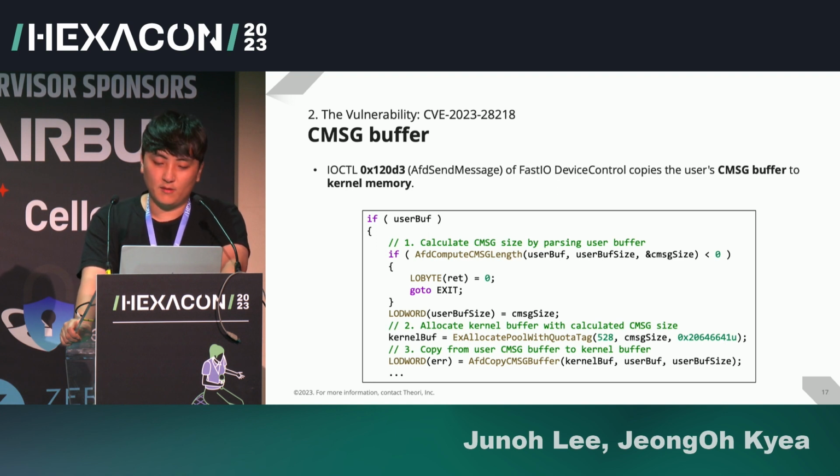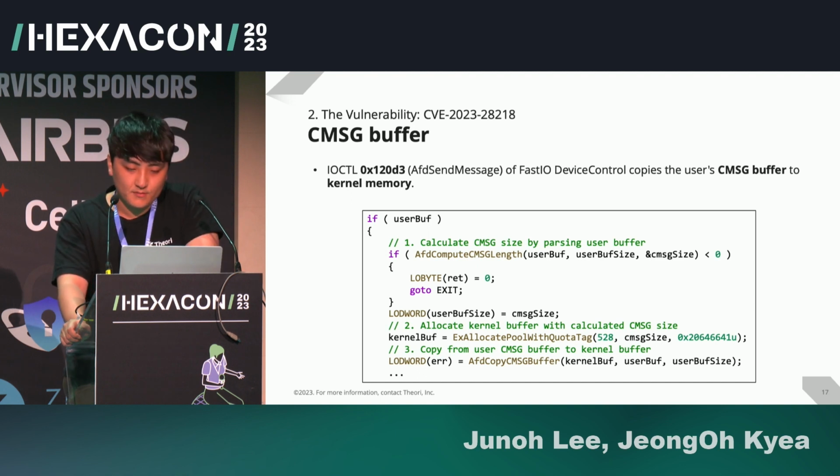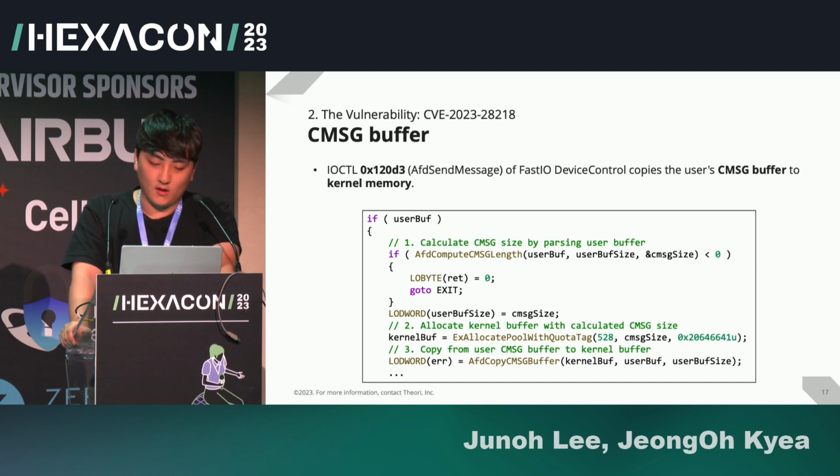Then a kernel heap buffer is created by the calculated C message length. Lastly, AFD copy C message buffer copies the C message existing in the user buffer to the allocated kernel buffer. Most Windows built-in drivers like this have symbols like function names, so you can understand the approximate algorithm at first glance during the reversing.